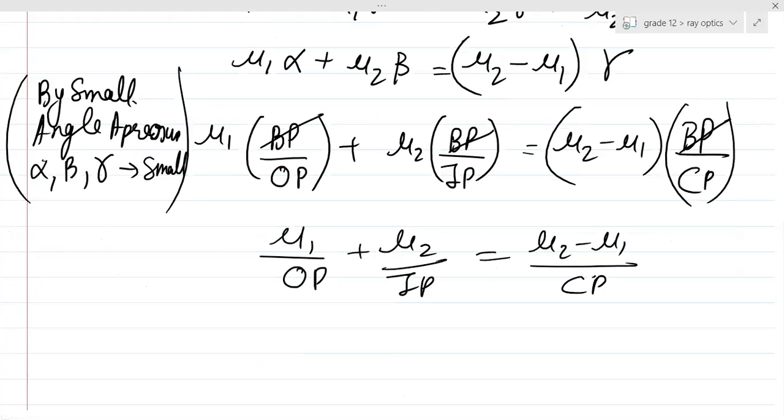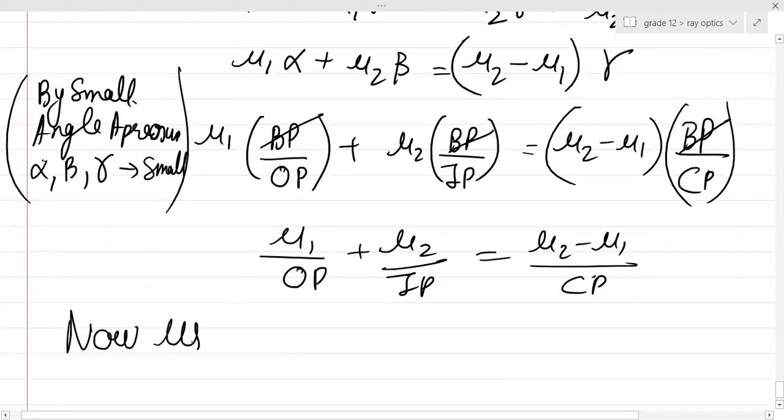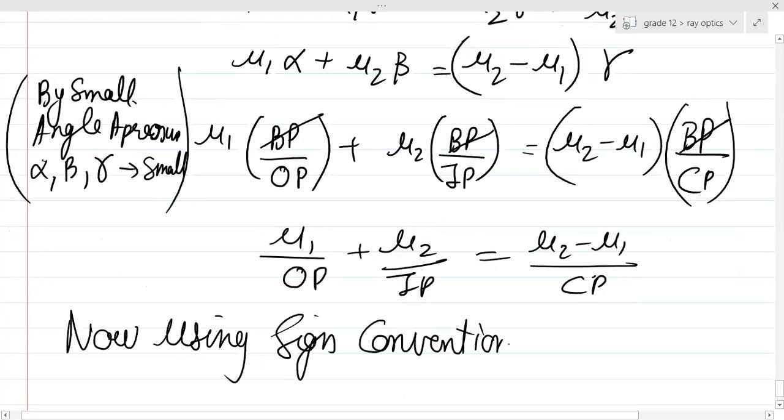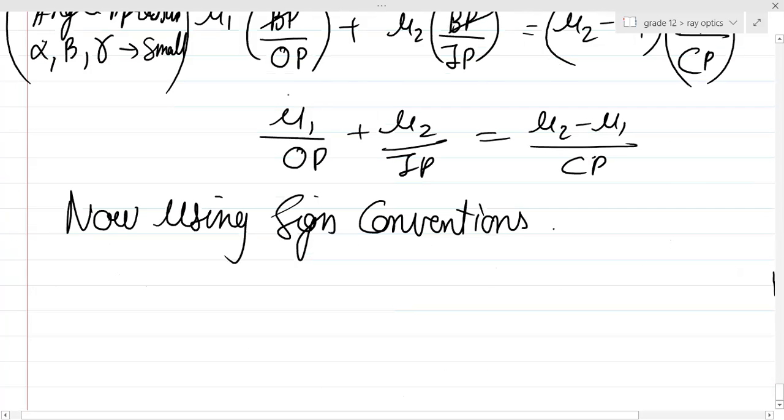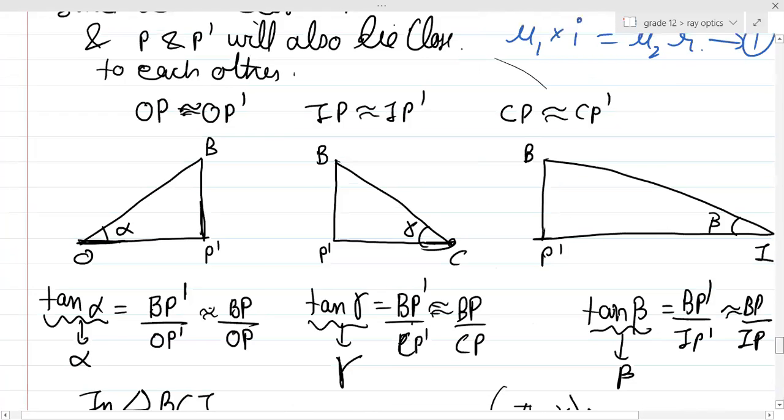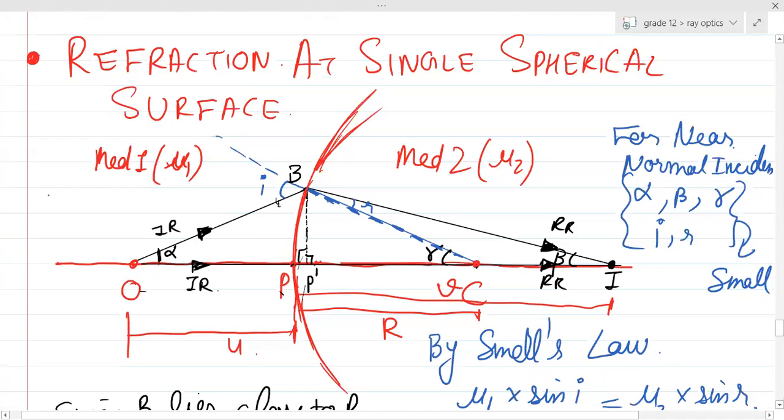Yes or no? Now, once you have derived this, then using sign conventions. Sir, why are we applying sign conventions? So that we can generalize this derivation for every type of situation, right? So that is why we are applying sign conventions over here. Do you remember this particular thing? Can you see OP is minus of U?